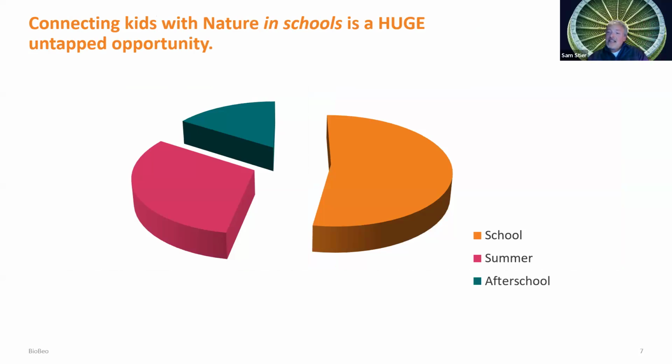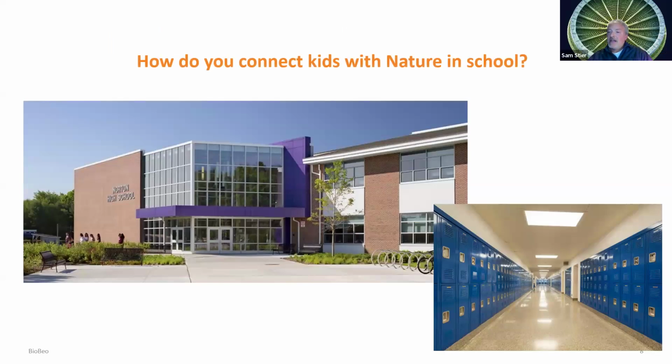You can see that they spend an enormous amount of time in school compared to, say, summer programs or after-school programs. The vast majority of children's educational time is spent in school. And this means that just by time alone, we have a huge untapped opportunity to connect kids with nature in school. And this is sort of an ironic statement.